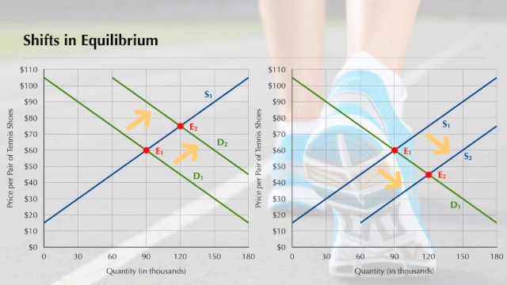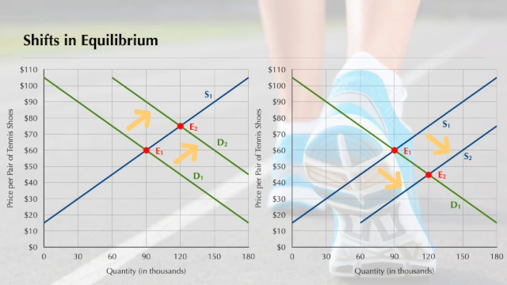Consumers are now willing to buy more tennis shoes at every possible price, so the demand curve shifts to the right from D1 to D2. What happens to the equilibrium point? It moves from point E1 on the old demand curve to point E2 on the new demand curve. The new equilibrium price is $75, and the new equilibrium quantity is 120,000 pairs of shoes.